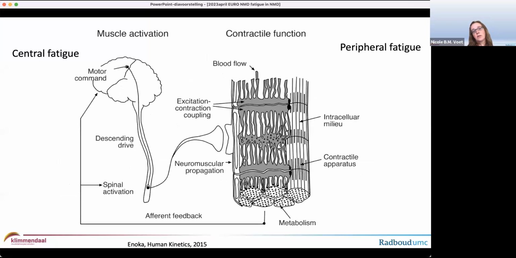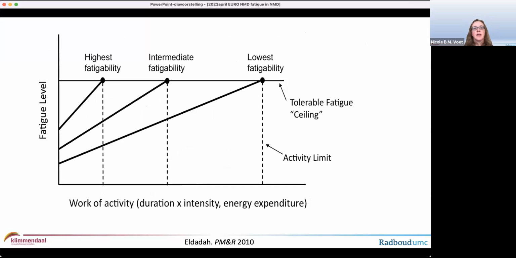Central fatigue has its origin in the central nervous system, in the brain and in the spinal cord, and peripheral fatigue in, for example, the muscles and the peripheral part of the organism. And we do not exactly know what central fatigue means. I will come back to that later on.